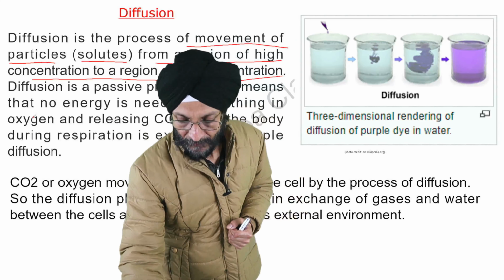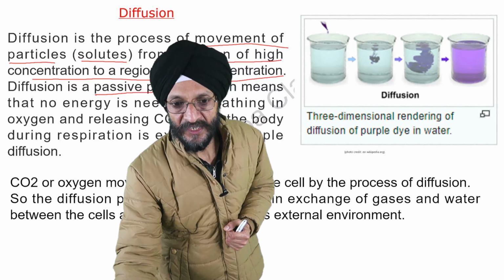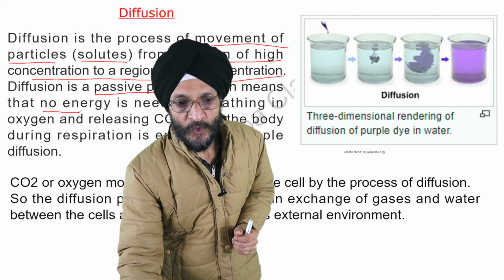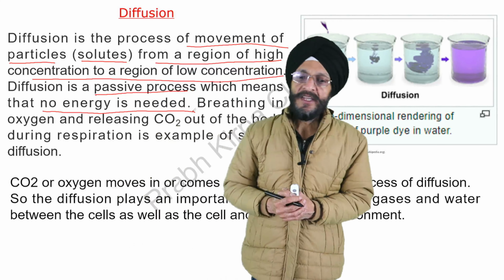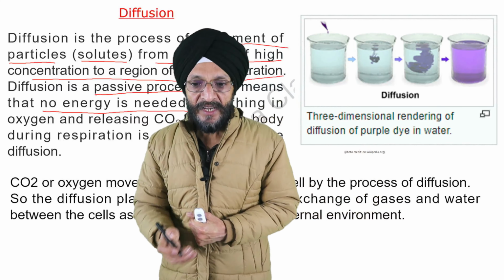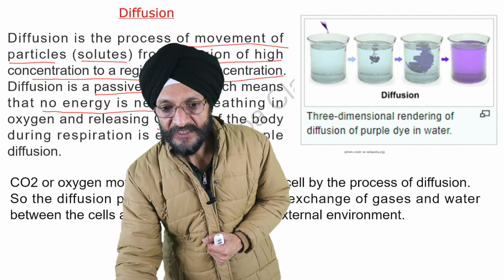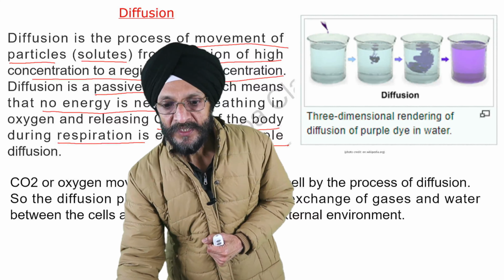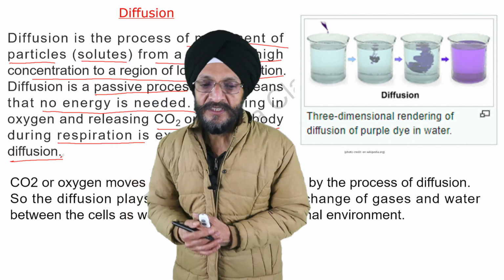Diffusion is a passive process. It is not an active process. It is a passive process, which means that no energy is needed in this process. Breathing in oxygen and releasing carbon dioxide out of the body during respiration is an example of simple diffusion.